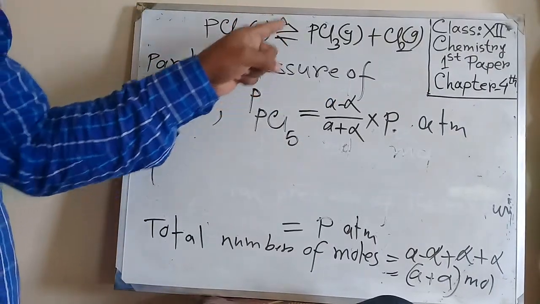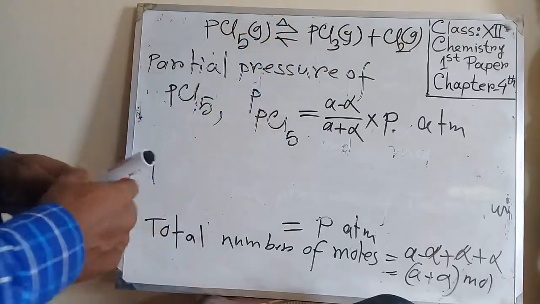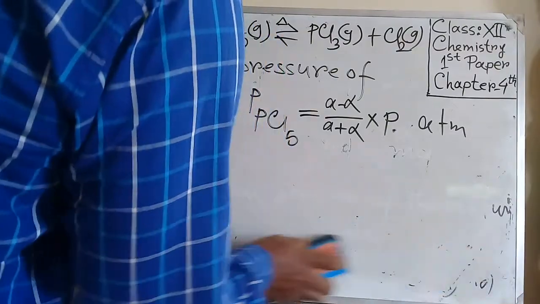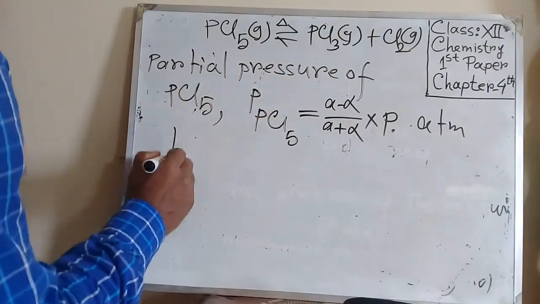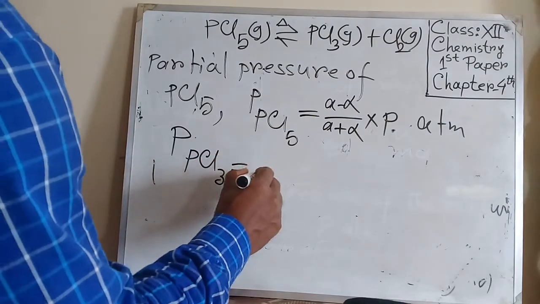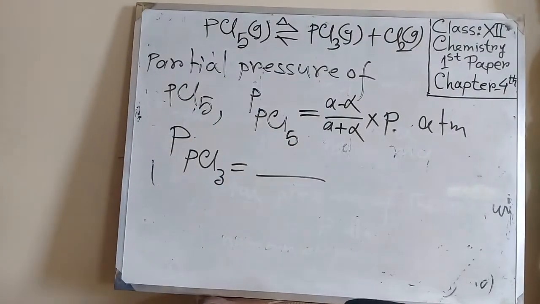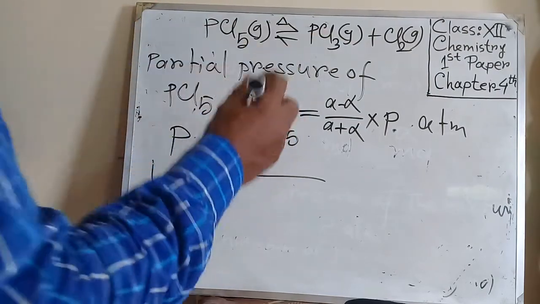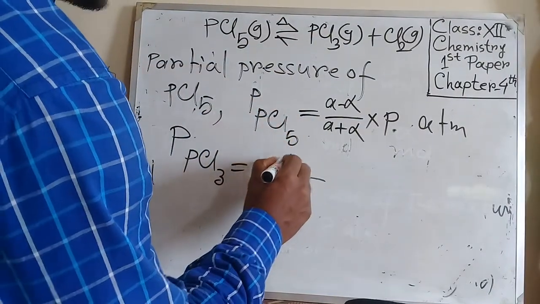Similarly, we will find out the partial pressure for phosphorus trichloride and chlorine. The partial pressure of phosphorus trichloride equals, what was the mole at equilibrium of phosphorus trichloride? It was alpha.